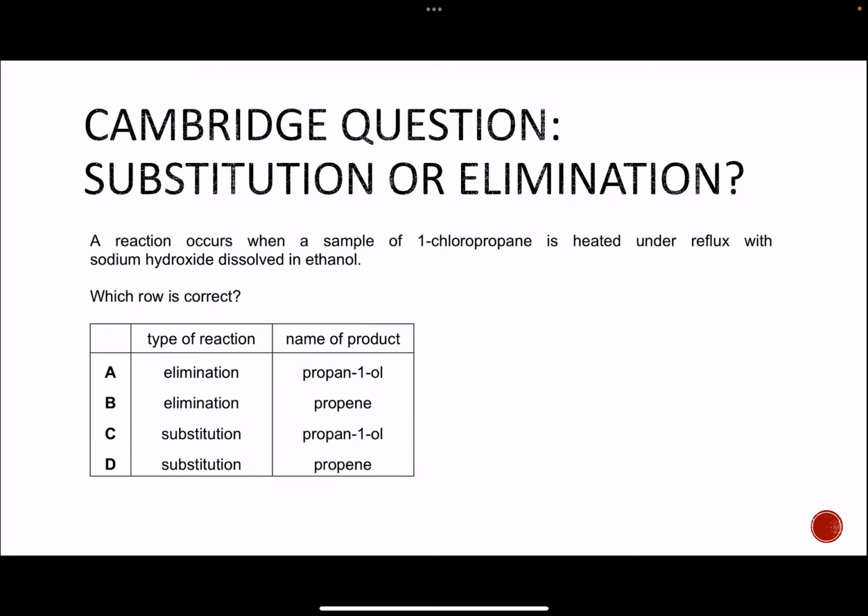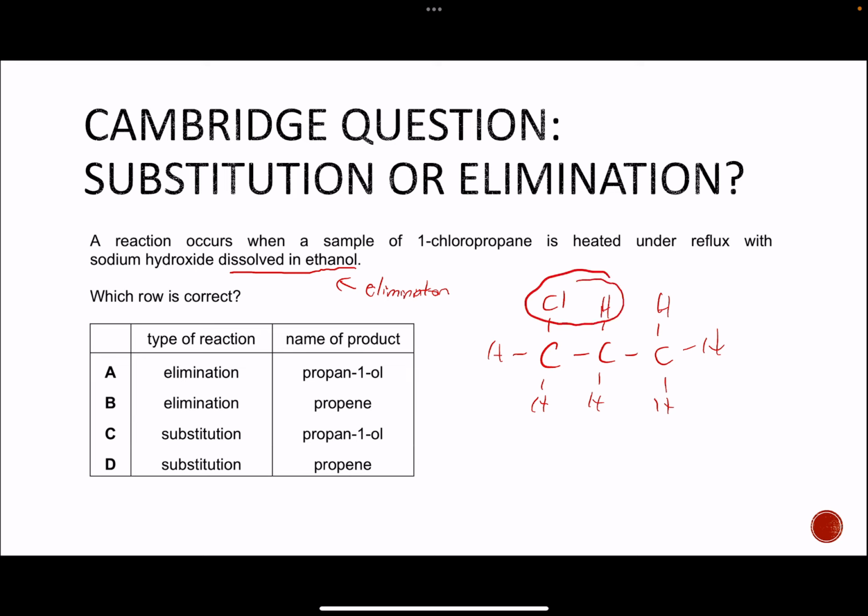So you're looking for dissolved in ethanol. That favors elimination. And then if I have 1-chloropropane, and I'm drawing out the whole thing, but you do not have to. In an elimination, what happens is the 2 groups next to each other would be taken, so you would get this.